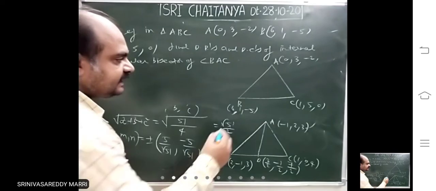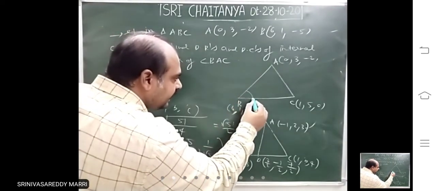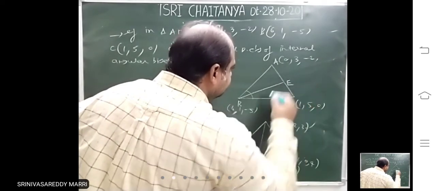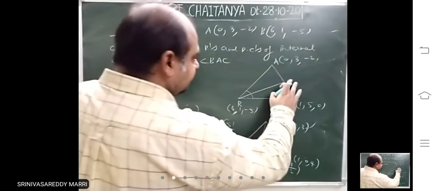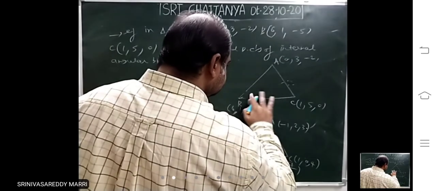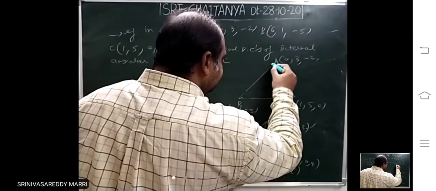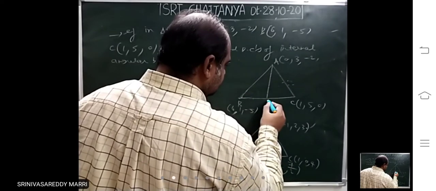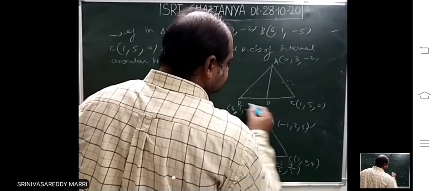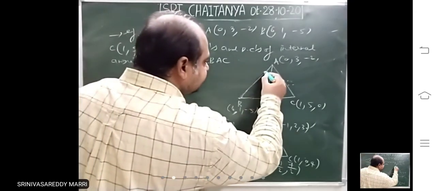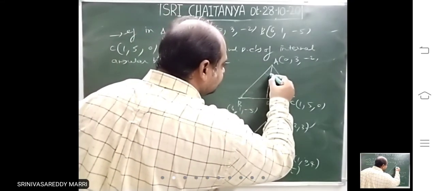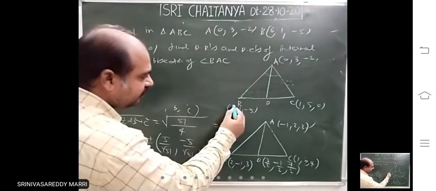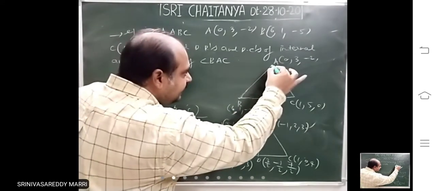So internal angular bisector means the line which bisects this angle. Let us say it meets at D. Angle BAC, angle A, this is the one. It bisects this internal angle, so this angle and this angle will be equal. Now this AD line is there.